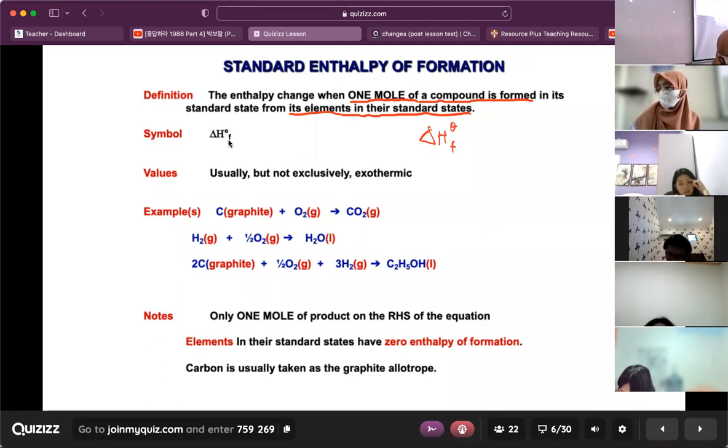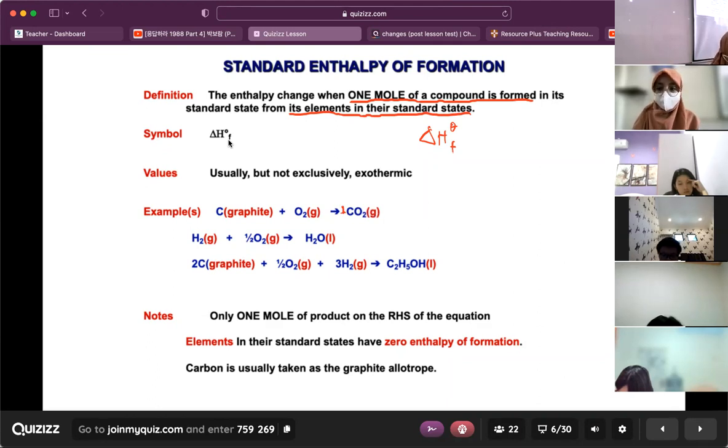And the example of enthalpy change of formation is here. It's given carbon and oxygen, CO2. So 1 mole, please go back to the definition. 1 mole of a compound is formed in its standard state from its elements in their standard states. What is the first reaction? 1 mole of carbon dioxide is formed in its standard state.